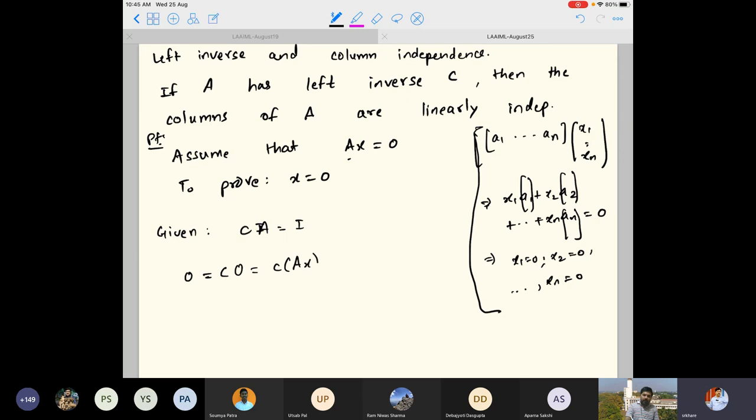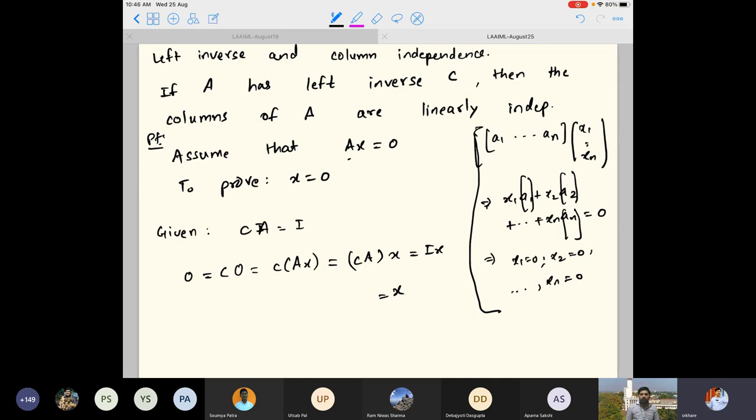So C times AX, and then you can use the associative property of multiplication, which gives CA into X, which is identity into X, which is equal to X. So we have proven that X is equal to 0. That means that the columns of A have to be linearly independent. Do you understand this?